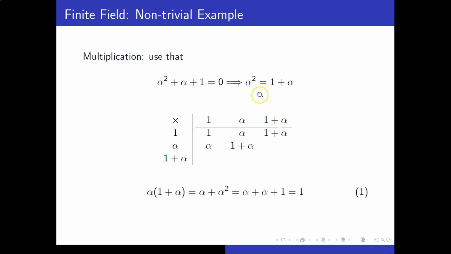But alpha squared, using my irreducible polynomial, is alpha plus 1. This is 2 alpha. 2 alpha is 0, so I simply get 1. Now I need to run through the multiplication by 1 plus alpha. Again, it works similarly, and I encourage you to work it out, make certain you can get that last row.